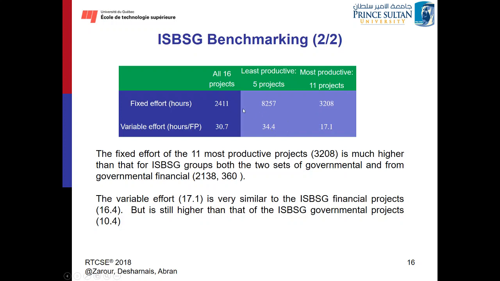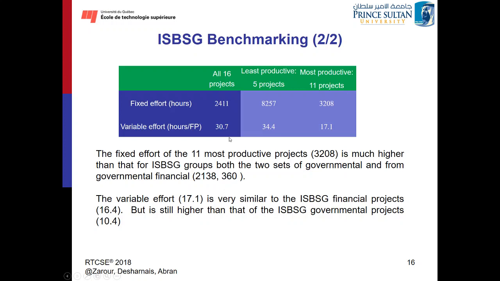So when we compare back with the ISBSG project sample, we find that the fixed effort of the 11 most productive projects, which is 3,208, is much higher than that for the ISBSG group for both sets, governmental and financial.